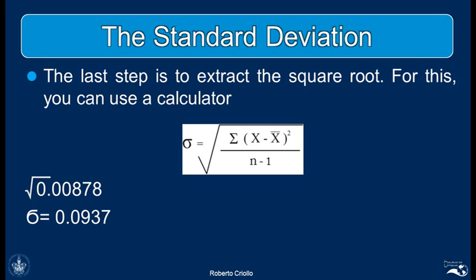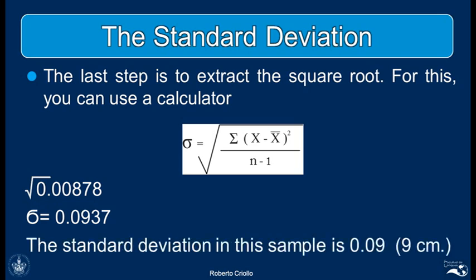This is the standard deviation in our sample. This result, 0.09, represents 9 centimeters in our sample. So the standard deviation is 9 centimeters. The average distance between every individual score and the mean is 9 centimeters.